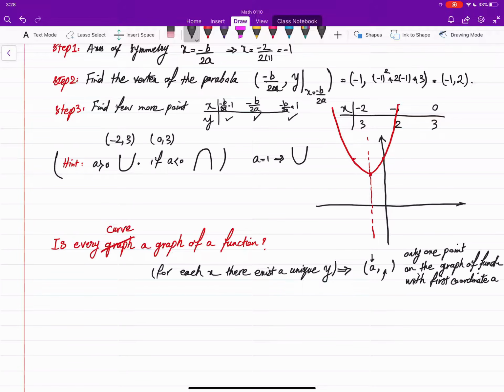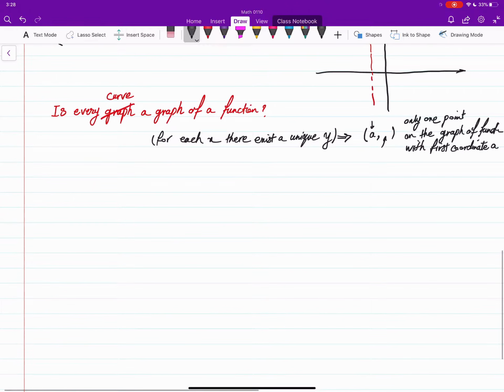If you translate this in geometric ways, this will give you what is called the vertical line test.